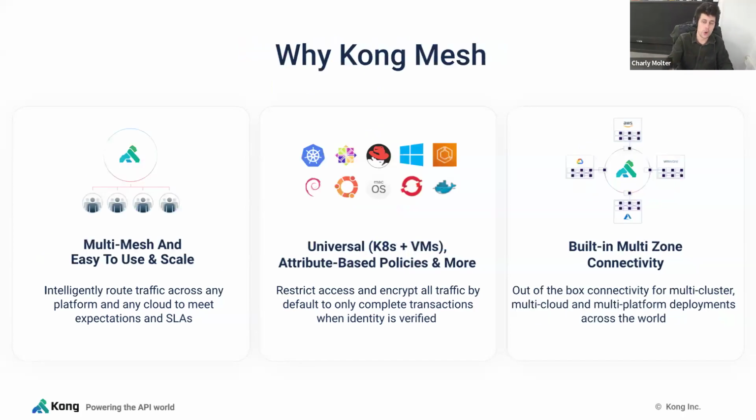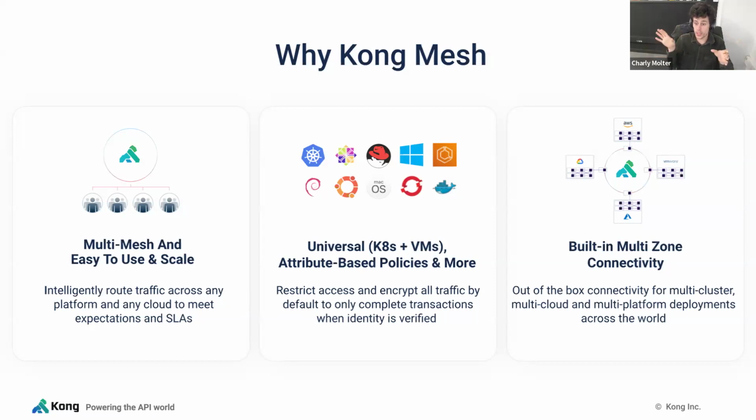Okay. So why would you want Kong Mesh? Because Kong Mesh is the best suited for enterprise offering. You can do multi-tenancy, so you can have different business units that work very independently in multi-mesh use cases. You can run this on Kubernetes, but also very easily on VMs.